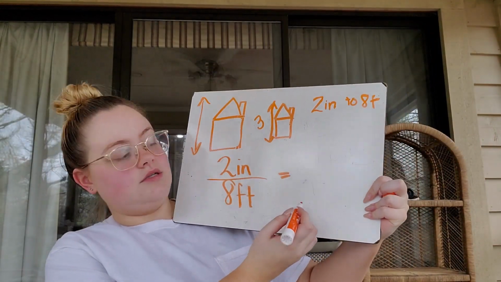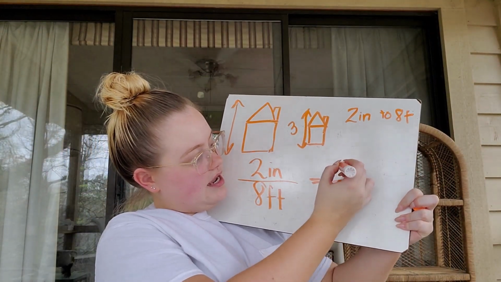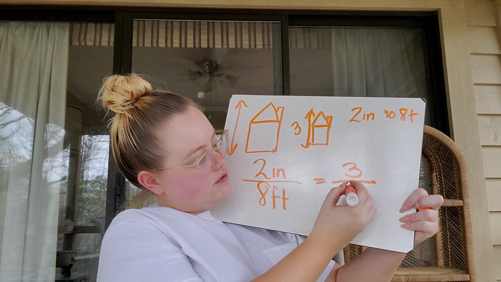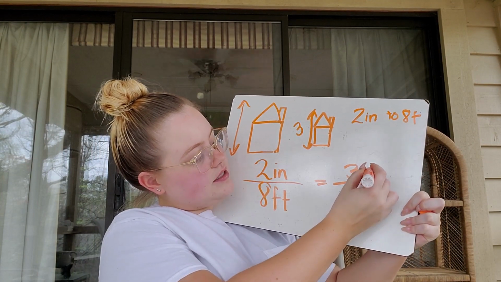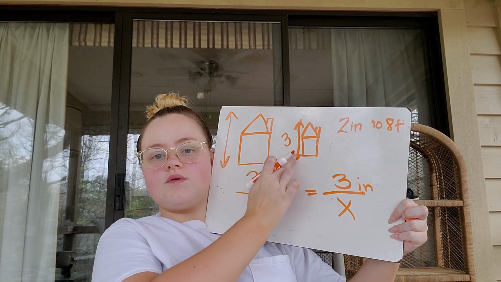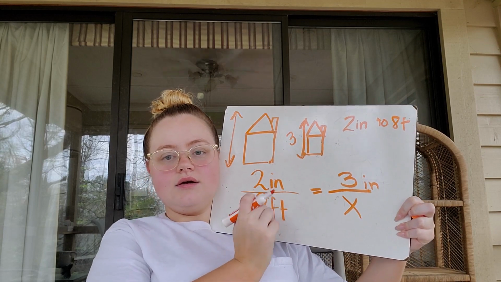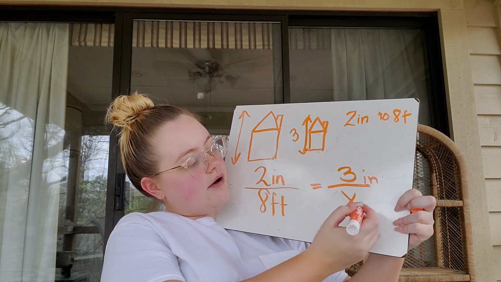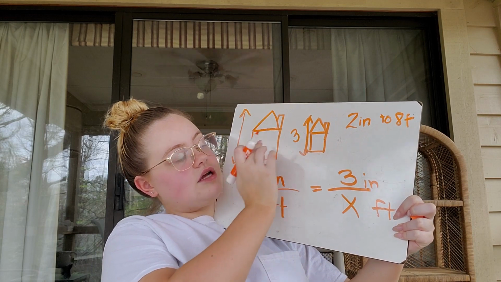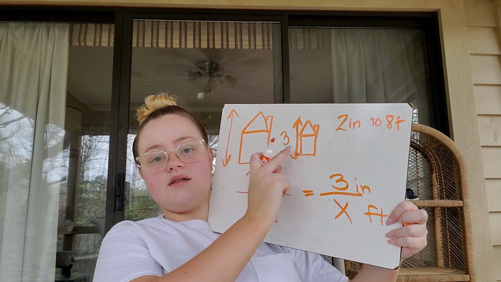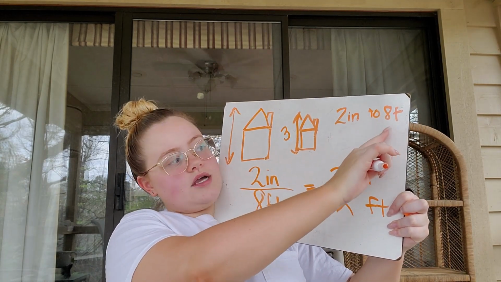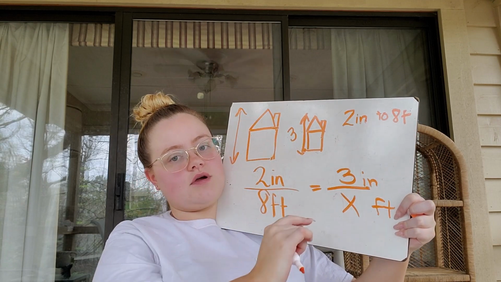So what I'm going to do, I'm going to go ahead, put down my 3 and my x, because I know that I'm given 3 inches, okay? I need to figure out how many feet 3 inches is, because I'm scaling it down by this ratio, 2 inches to 8 feet, okay?